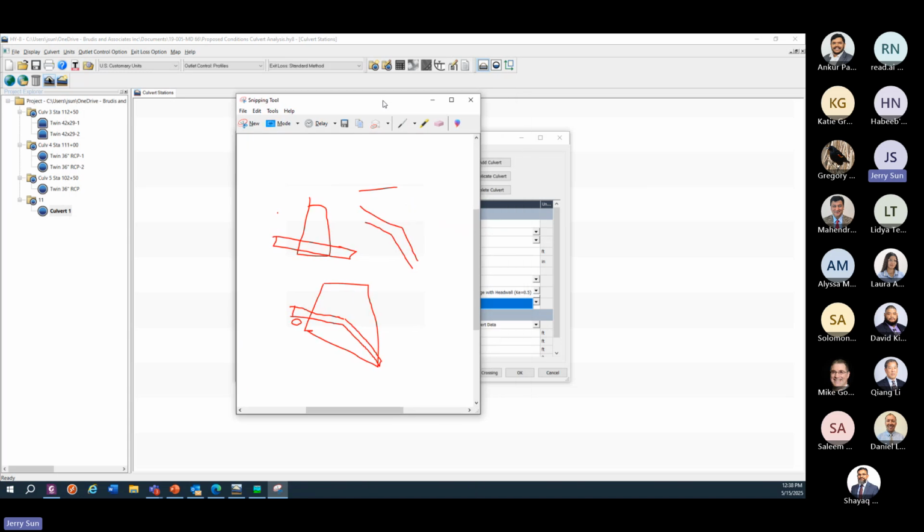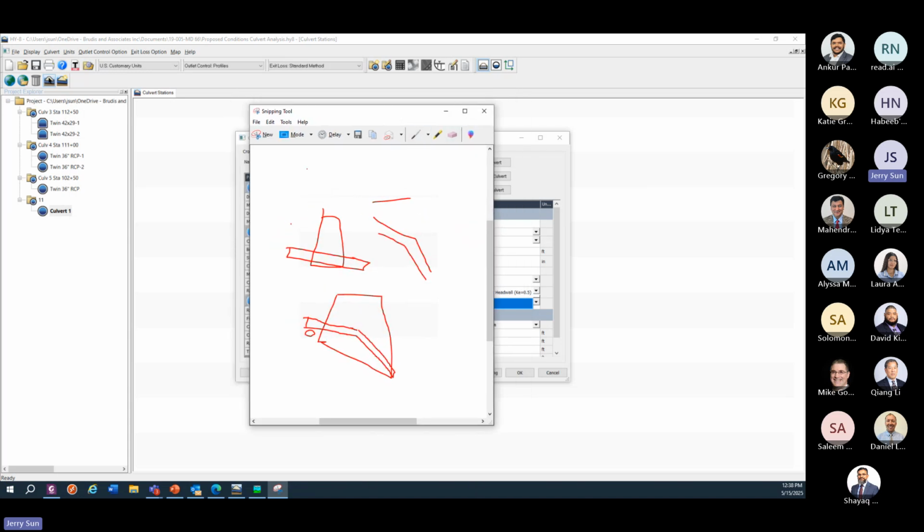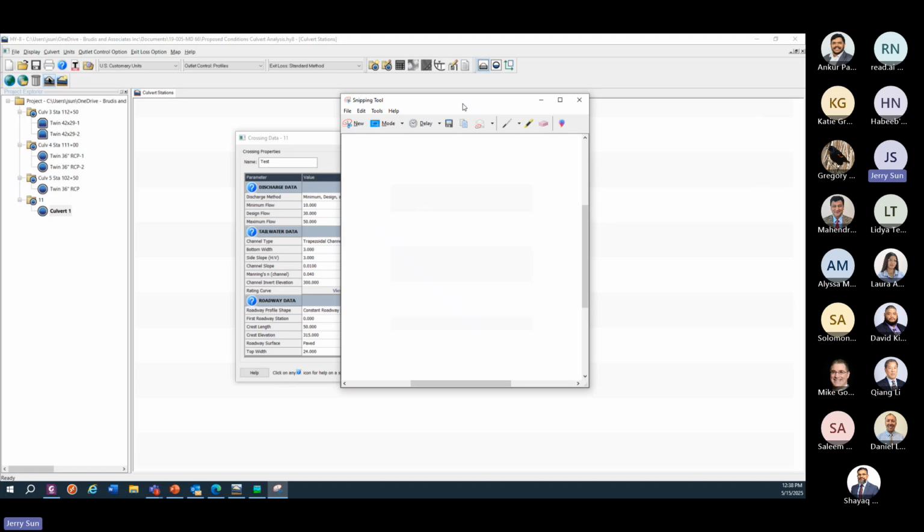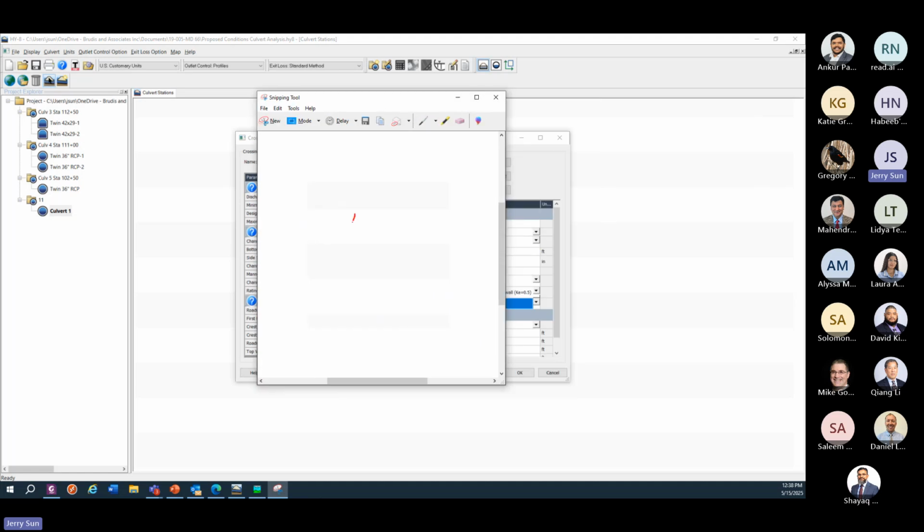Depression, we don't have any inlet depression. Basically, when we design the M14s, the drive is very shallow, right? This flow line, for example, is 2 feet, but we need a 24-inch pipe.